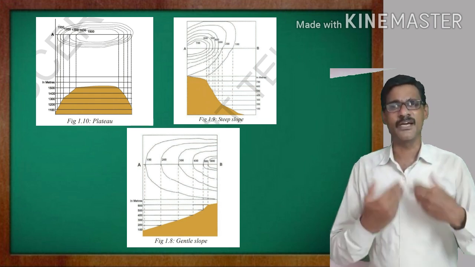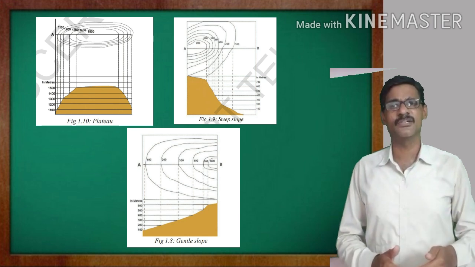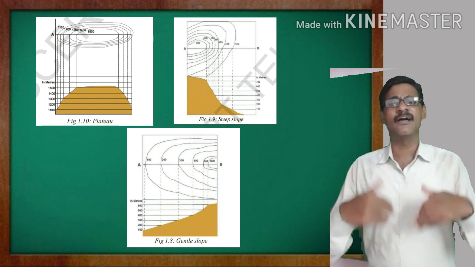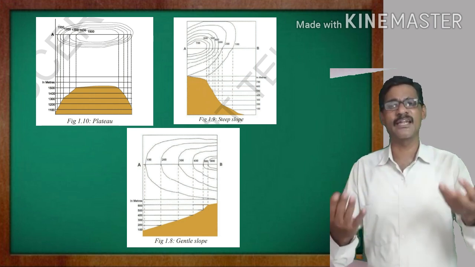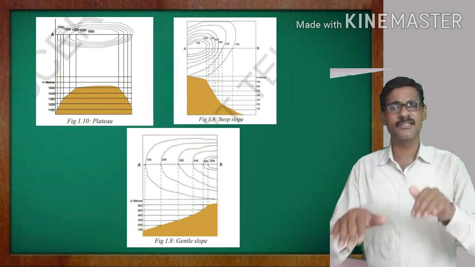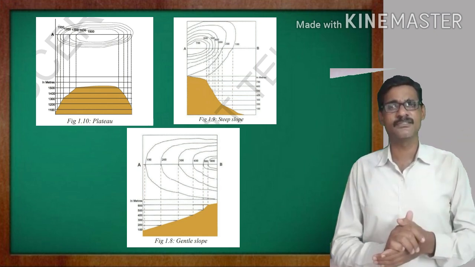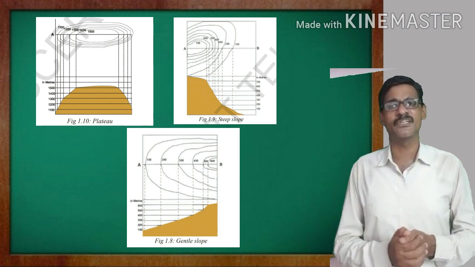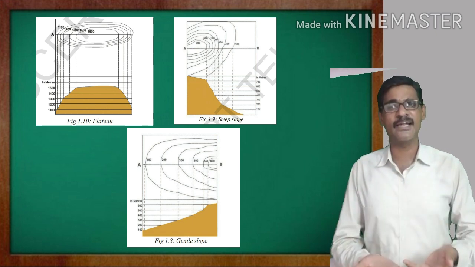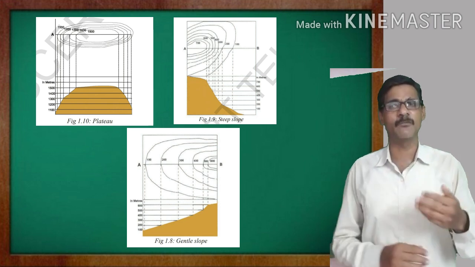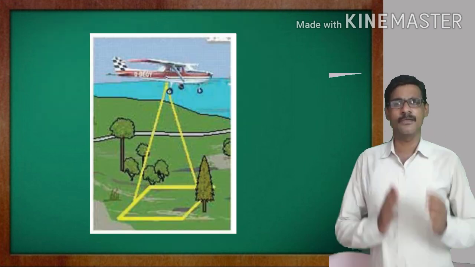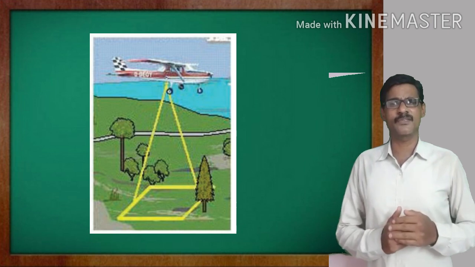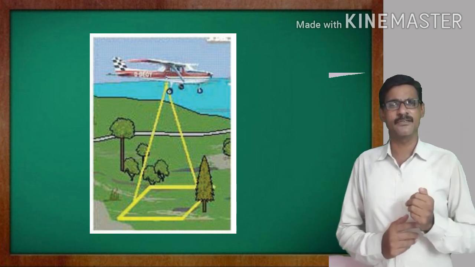So we use contour lines to indicate the heights of different landforms on the earth. We show different physical features of the land on the map with the help of contour lines.